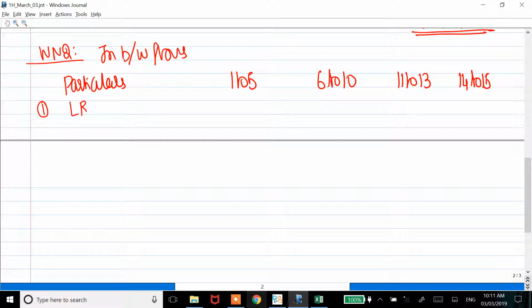Lease rent: 1 to 5, 6 to 10, 11 to 13 and 14 to 15.